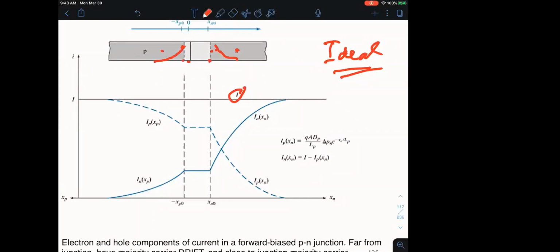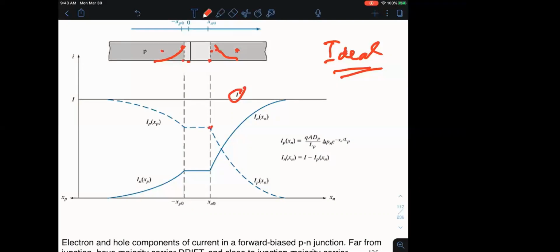Okay? But all that recombination process happens outside of the depletion region. Within the depletion region, according to Mr. Shockley's ideal diode assumption, there is no generation recombination. That's an assumption for PN junction diodes.